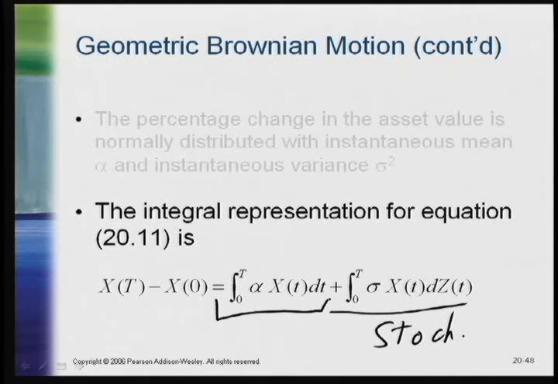And in particular, x of t is a process. Namely, what this is saying is that if you look at any path of x's, we can integrate them in a Riemann way and integrate this term in the stochastic way, and those two integrals will give us the total change in x. So there is a definition of integral which makes this work.